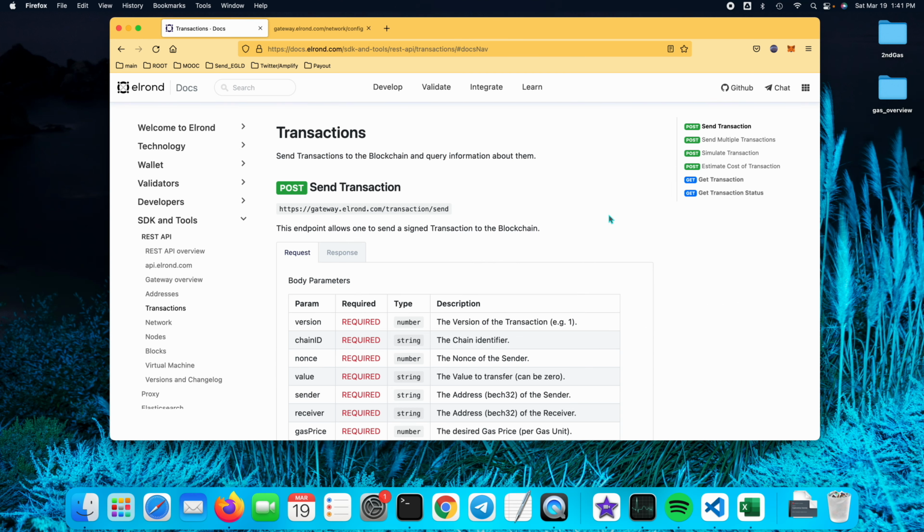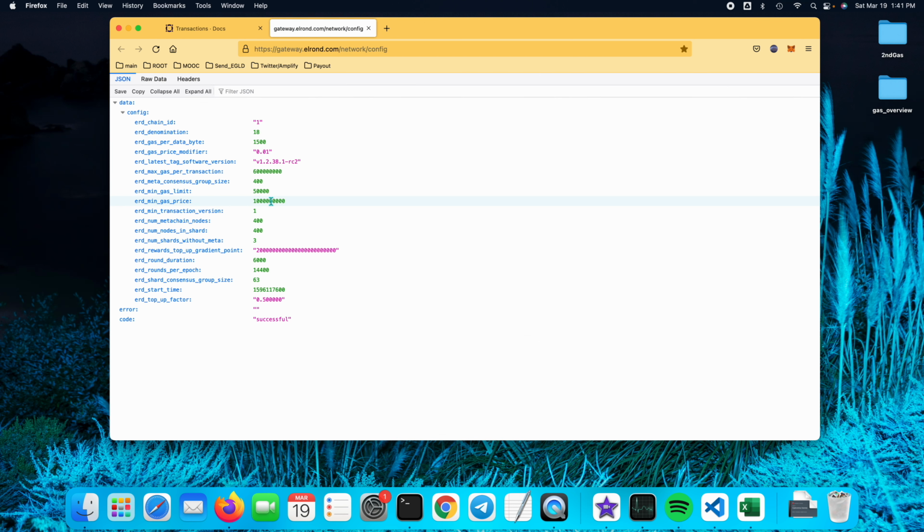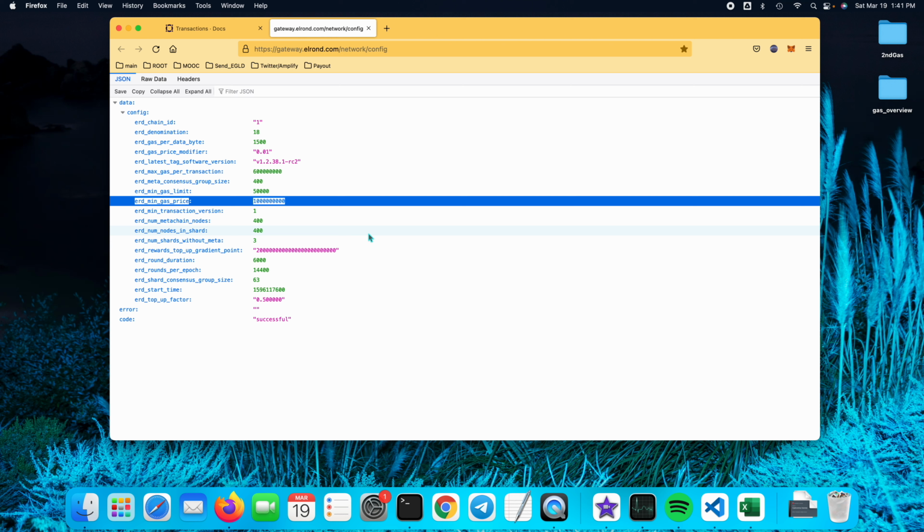So on the note of providing a gas price, as you can see, we have a minimum gas price, which means that you could provide more than the minimum price. In Bitcoin, this is done to get you ahead of the transaction list. So if you provide a very low fee, you'll be put on the back of the list and you'll be kind of at the back of the line.